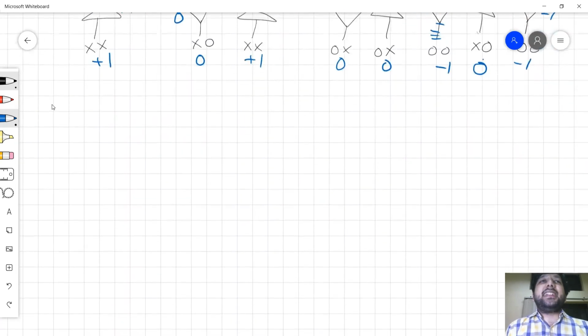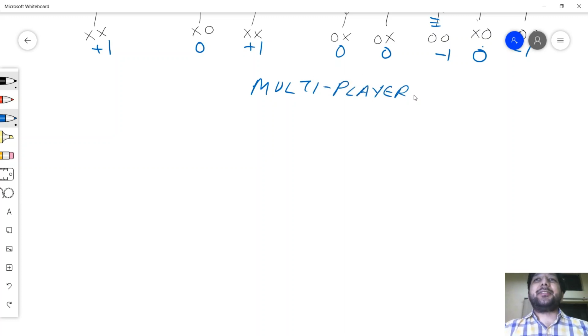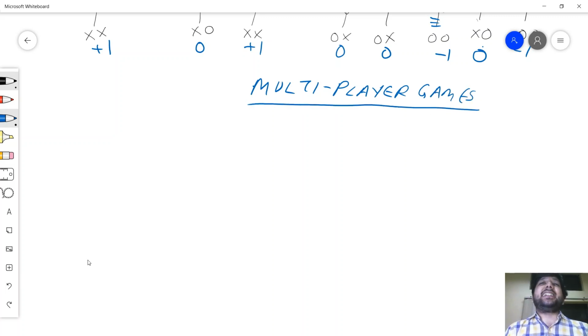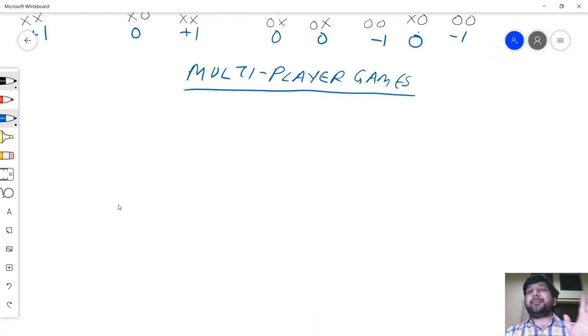Now what we'll do is study some more interesting things. First, let's say a multiplayer game. If you can do it for 1, if you can do it for 2, can you do it for multiple using exactly the same principles? Now, multiplayer games will not be zero sum.